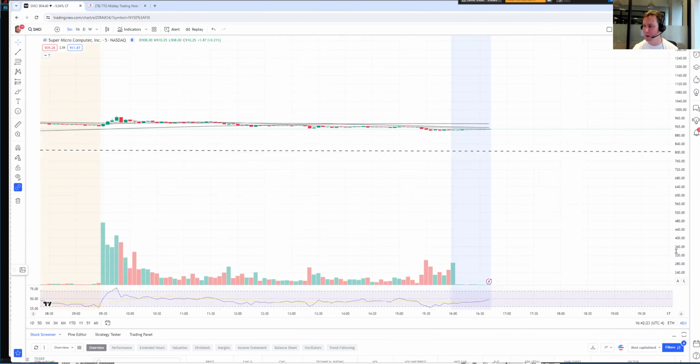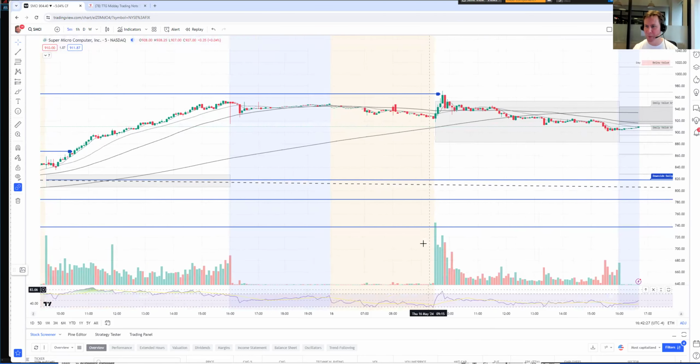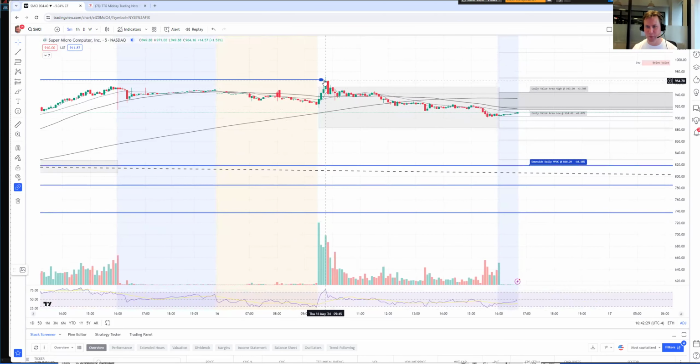It's amazing because we pointed out in the room this morning that there was a 5-minute VPOC here, and it got firmly rejected at that, even just on the 5-minute chart. So depending on what your time frame is, it's important to pay attention to multiple time frame analysis, which is what we do a lot using the value areas and MarketWebs.